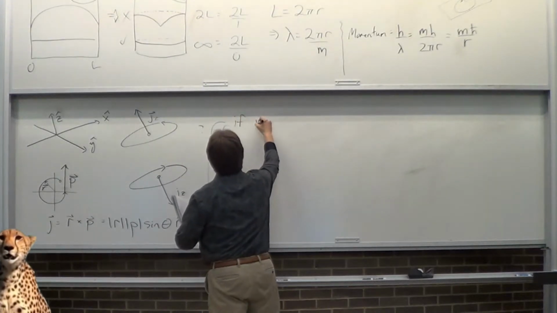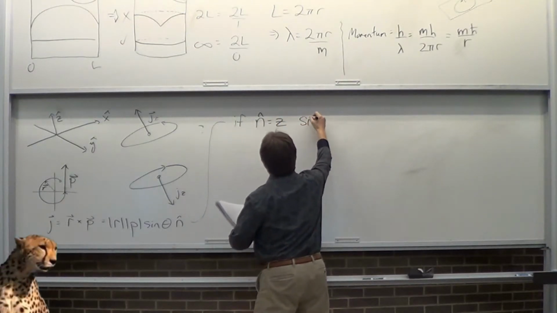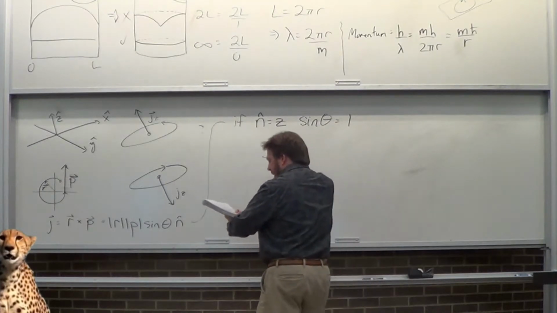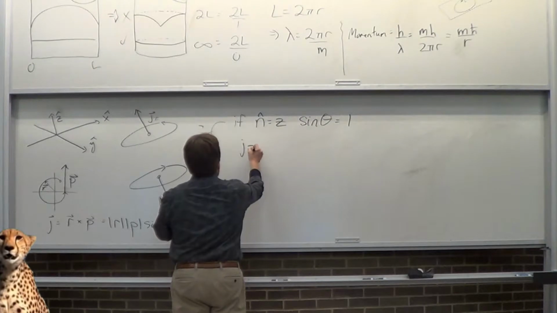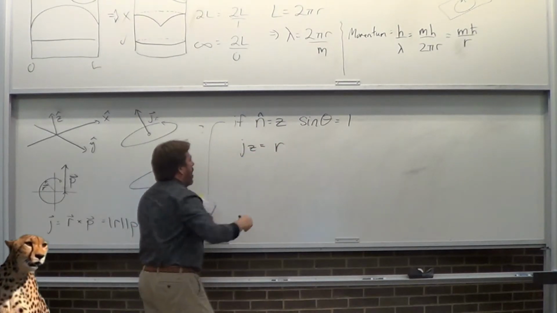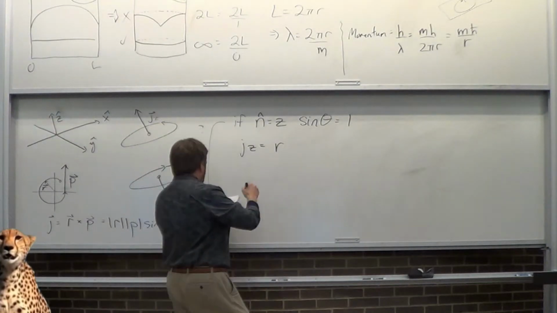So if the normal direction is z, then sine of the angle, of course, is just 1. And j, which is now the z direction, and don't worry so much about that, not now. So r is just the length of the vector.